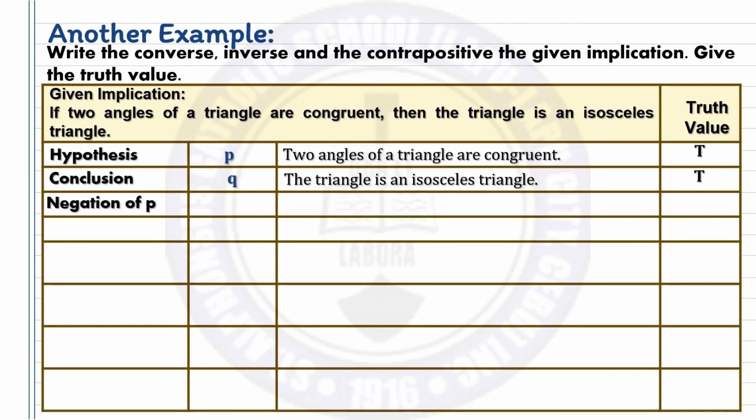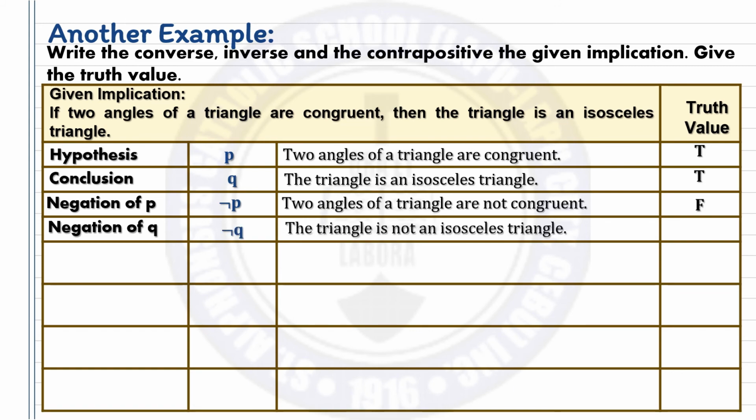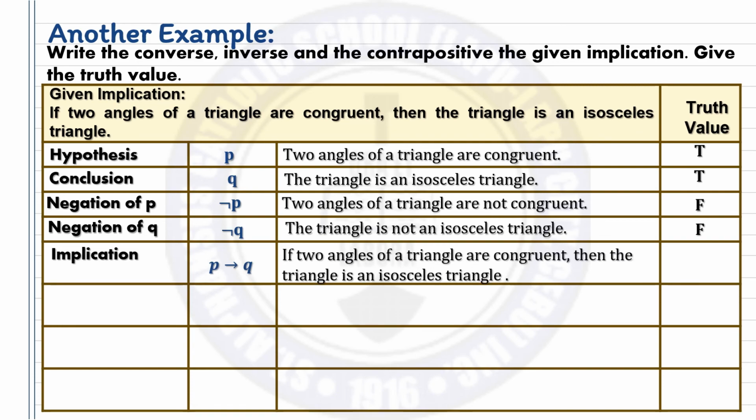Now, the negation of P is the two angles of a triangle are not congruent, which is false, and the negation of Q is the triangle is not an isosceles triangle, that's false. Our implication, if two angles of a triangle are congruent, then the triangle is an isosceles triangle, is true.